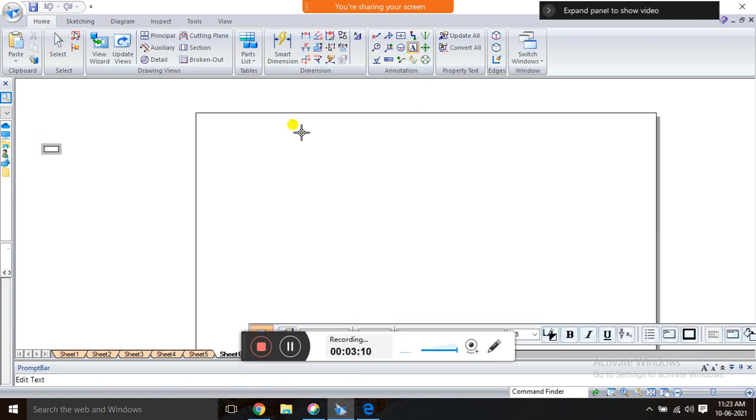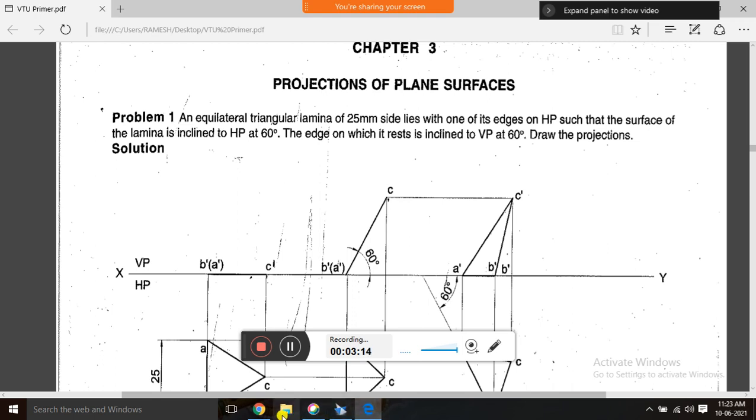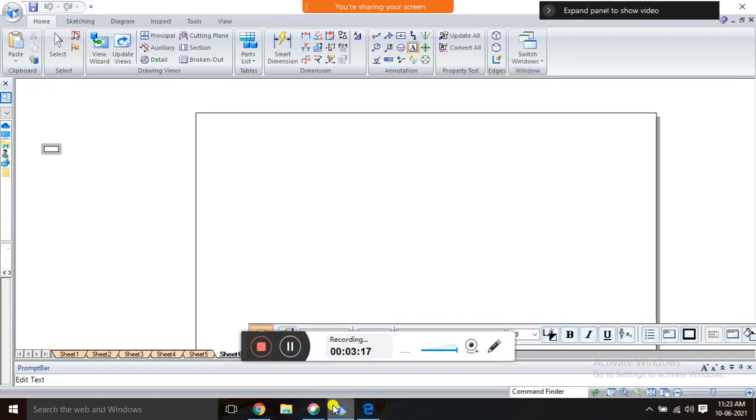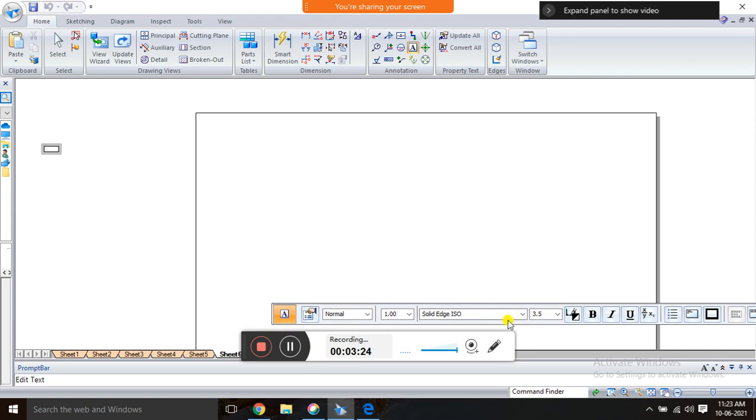So it is an equilateral triangle of 25 mm.